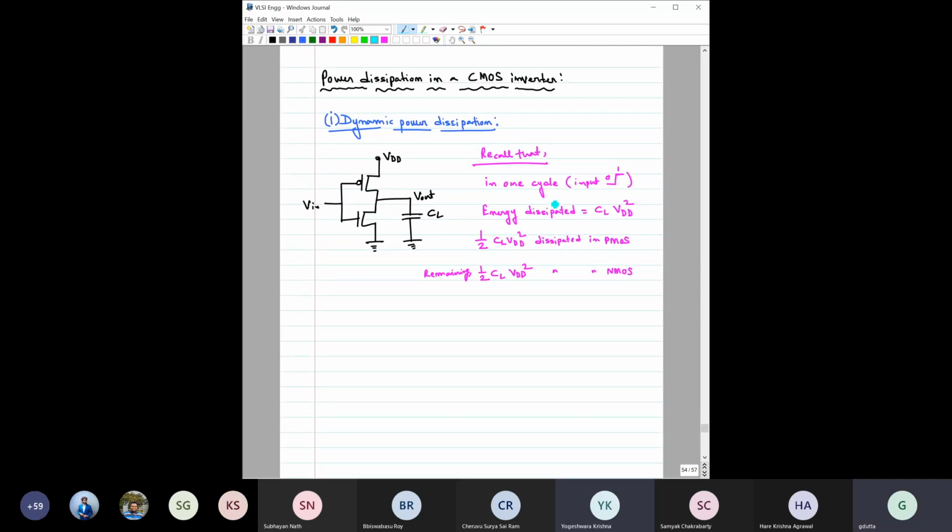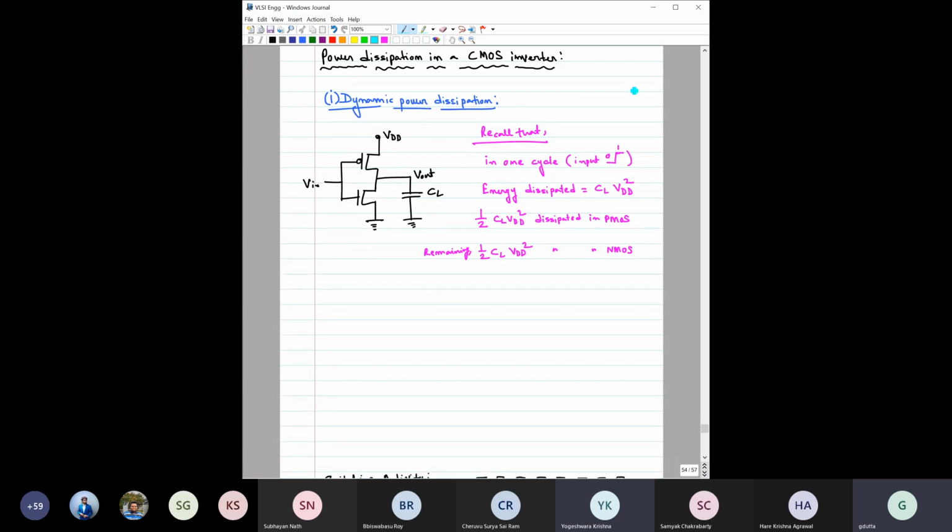Now let us introduce and discuss another important topic in this design context, which is power dissipation, power dissipation in a CMOS inverter. In a CMOS inverter, the total power dissipation can be divided into three parts.